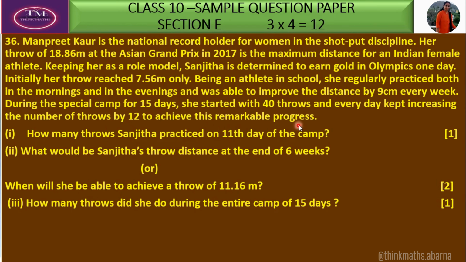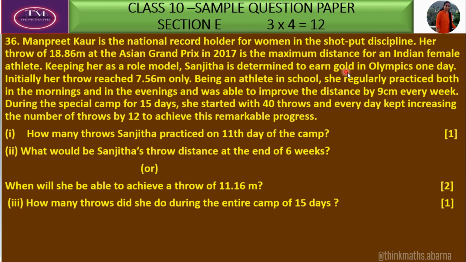So this is the data given. Here there is a shot put player, Manpreet Kaur. She is the national record holder with 18.86 meters. Keeping her as a role model, Sanjita is practicing to overcome this level. Now this value is not needed for this problem. Only Sanjita's values are needed. What are the details given?